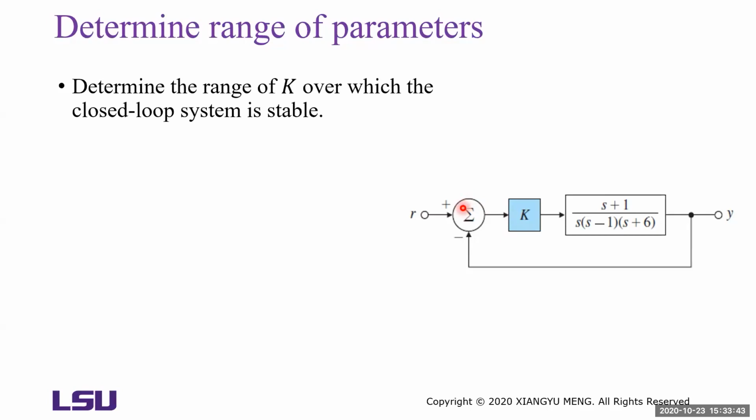So there will be the forward path gain over 1 minus the loop gain. Then you write the transfer function in the form of the ratio of two polynomials.